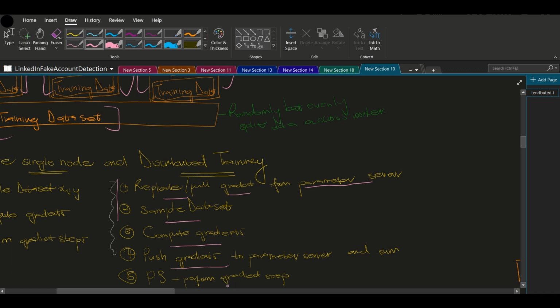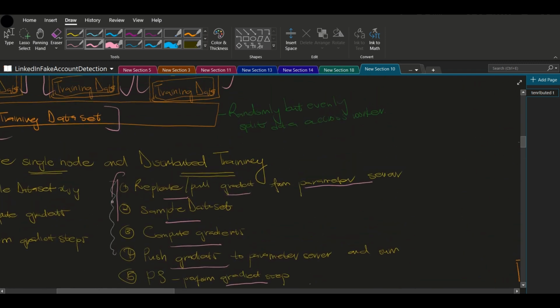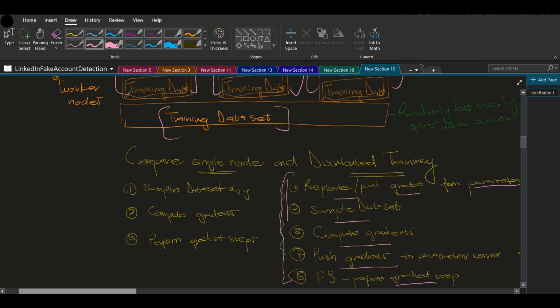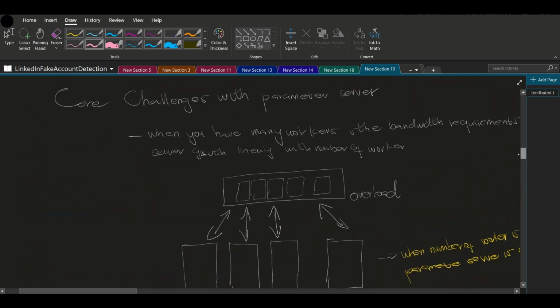Then the parameter server performs the gradient step, which is the updating of the weights, right? How would this happen on one server if we didn't have these workers? We would sample the data, compute a gradient, and perform the gradient step. So that's how we'd go about it.